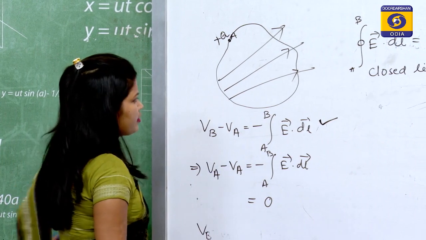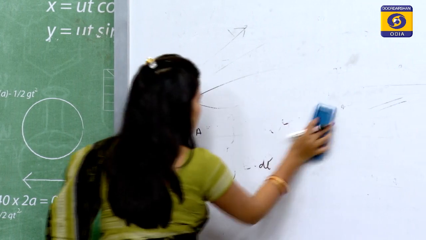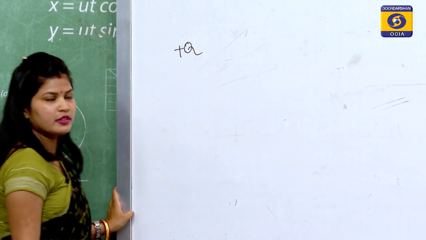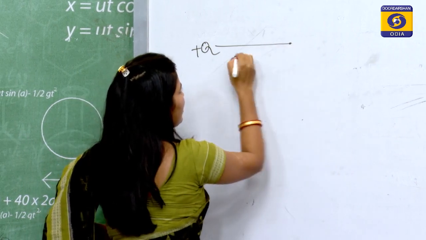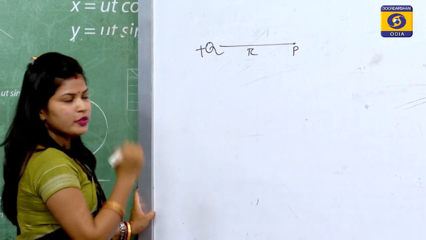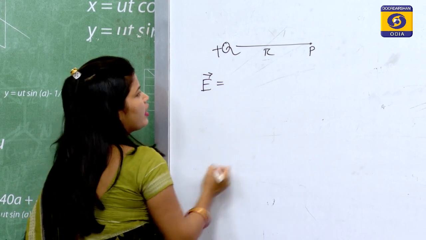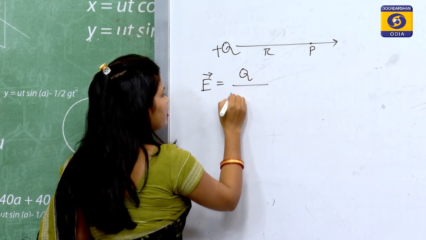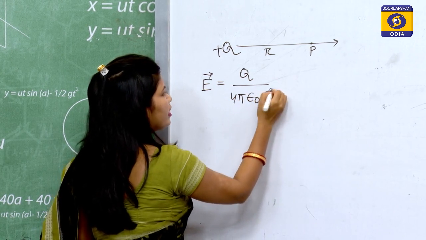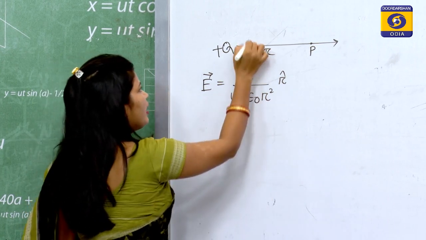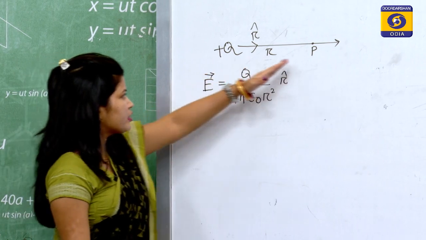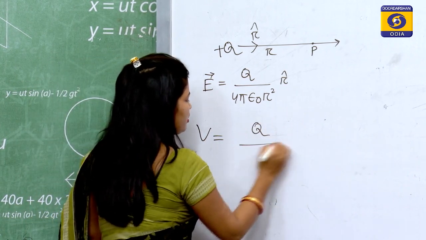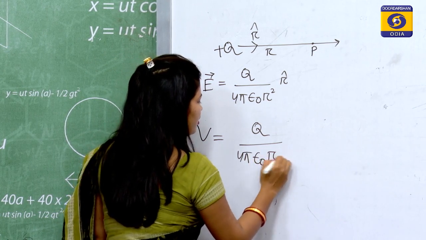For that, imagine a charge plus q here, and at a distance r, at a point P, the electric field is E vector, as the electric field direction is outward, E is equal to q upon 4 pi epsilon naught r square r cap, where r cap is the unit vector in the direction from plus q charge to point P, and the potential is q upon 4 pi epsilon naught r.